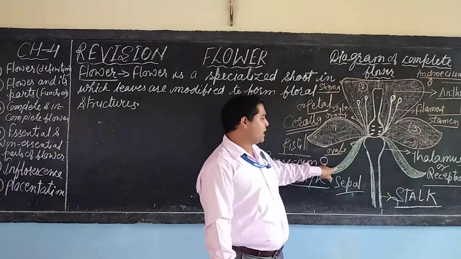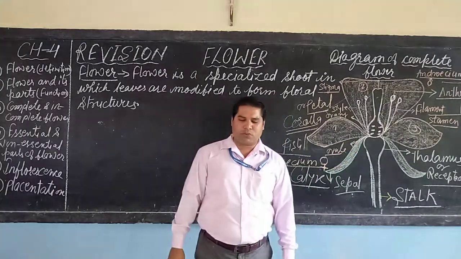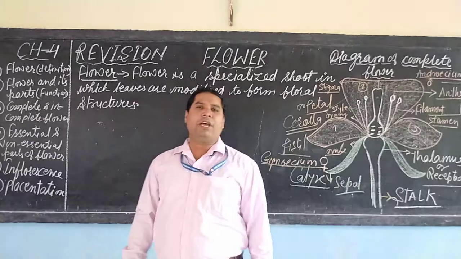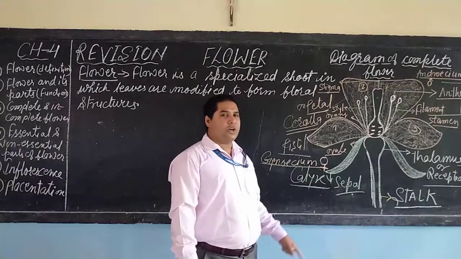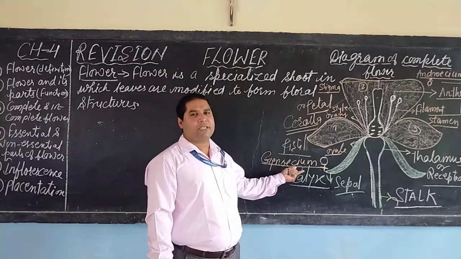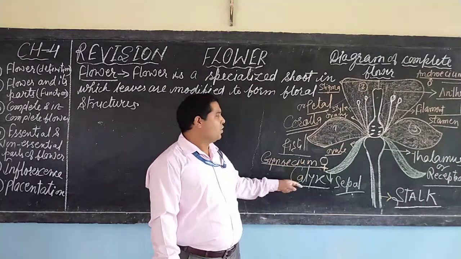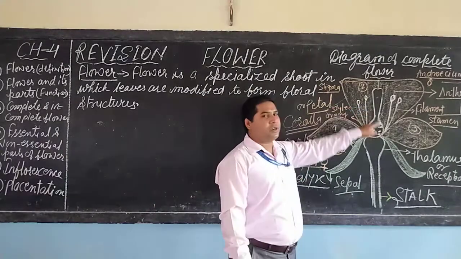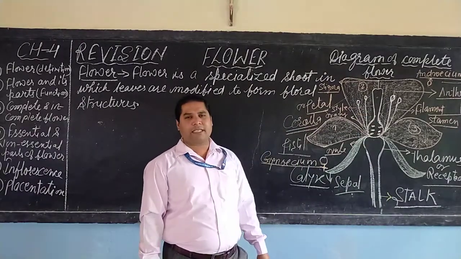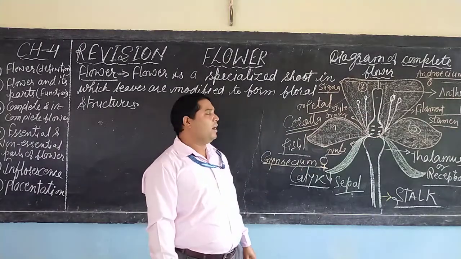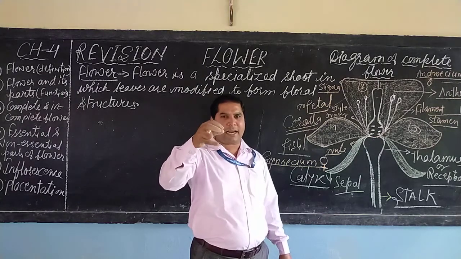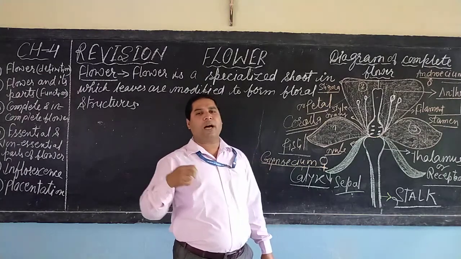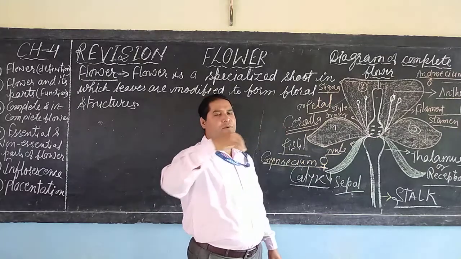The green leafy structure is known as sepal, and its function is to prepare food and protect the flower during the bud condition. The collective form of the sepals is known as calyx, whereas the colored part of the flower is known as petal, and the collection is known as corolla, whose main function is to attract the agent for pollination.